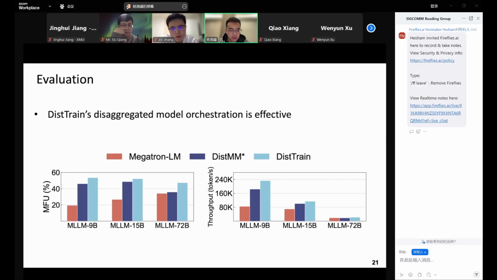The second baseline is DistMM. This employs a more advanced heuristic-based approach, determining its parallelism strategy from static metrics like model size and FLOPs. As the figure shows, DistTrain outperformed all the baselines in all setups.